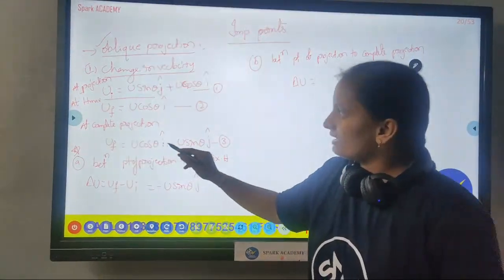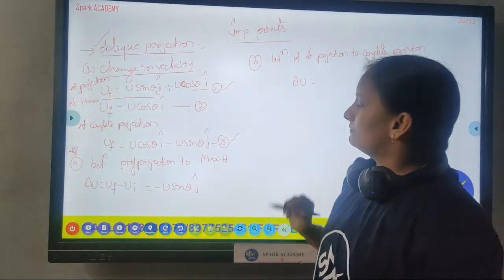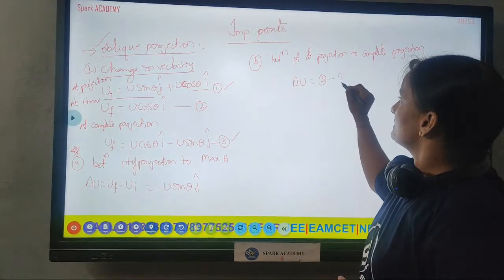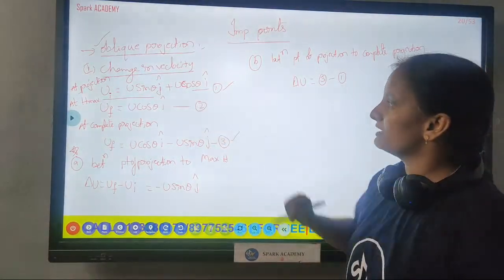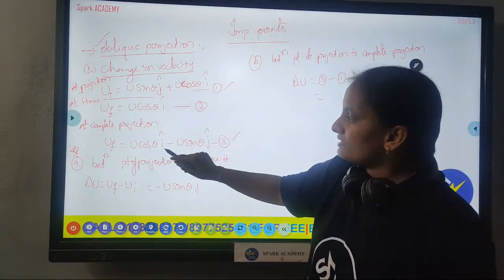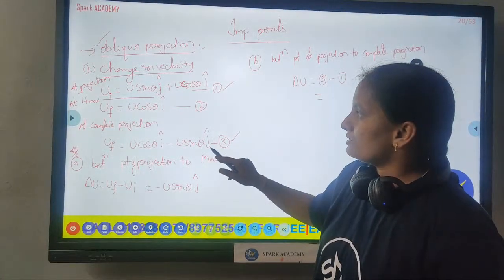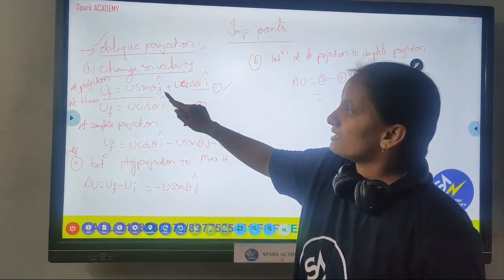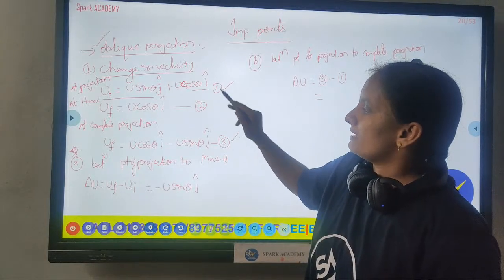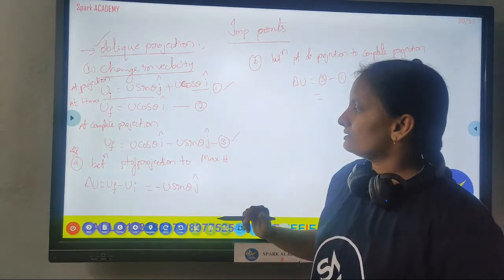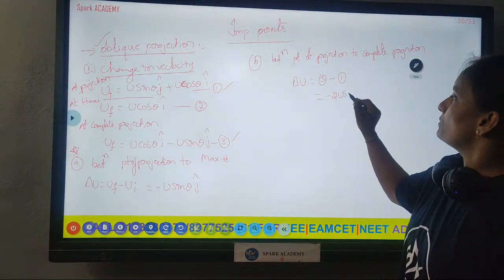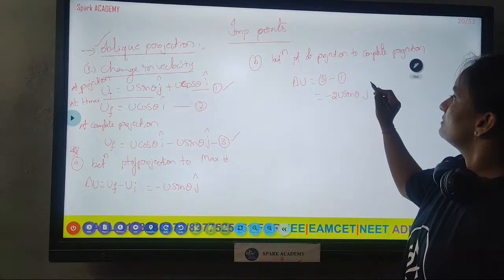Now you have to take equation 3 minus equation 1. So it gives u cos theta into i minus u sin theta into j minus u sin theta into j minus u cos theta into i. So the cos terms cancel, and this minus and this minus become minus 2u sin theta into j.